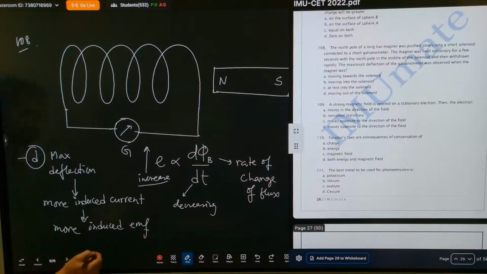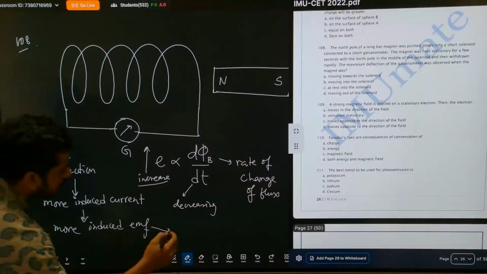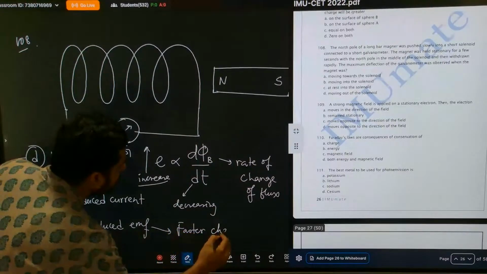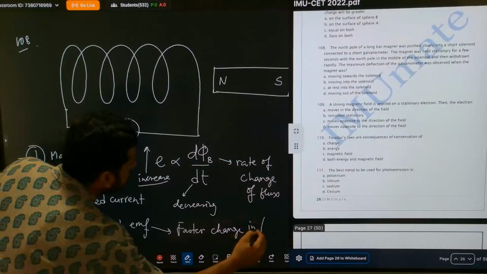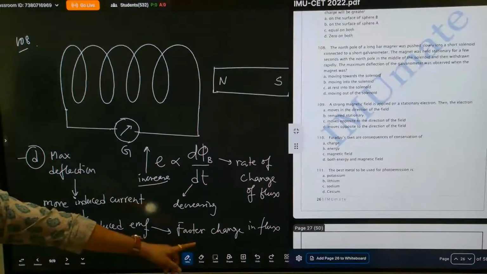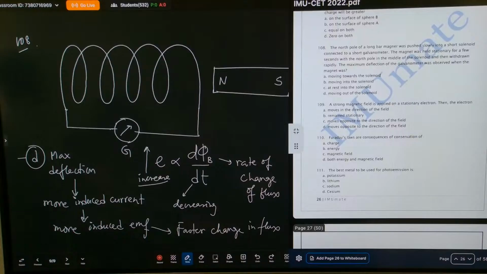Just look, it means faster change in flux. Okay, now do you get this? Maximum deflection means more current, means more EMF, which means faster change in flux. So how rapidly you change the flux will decide how much EMF you get.